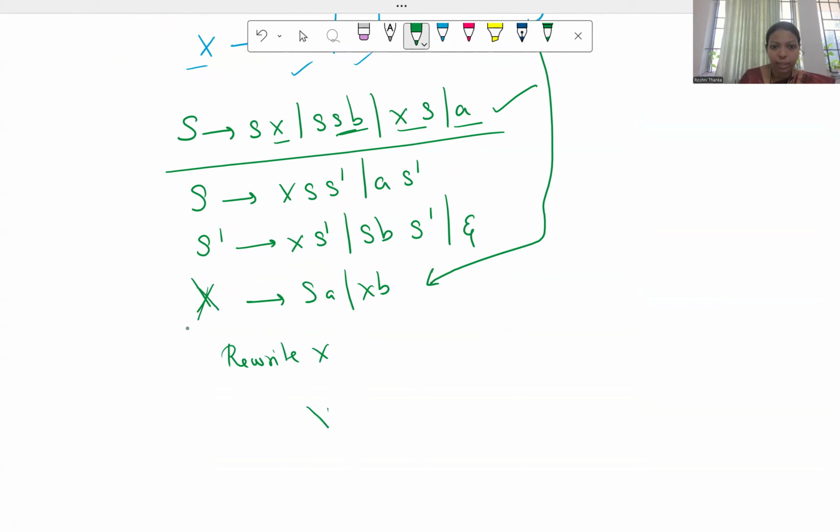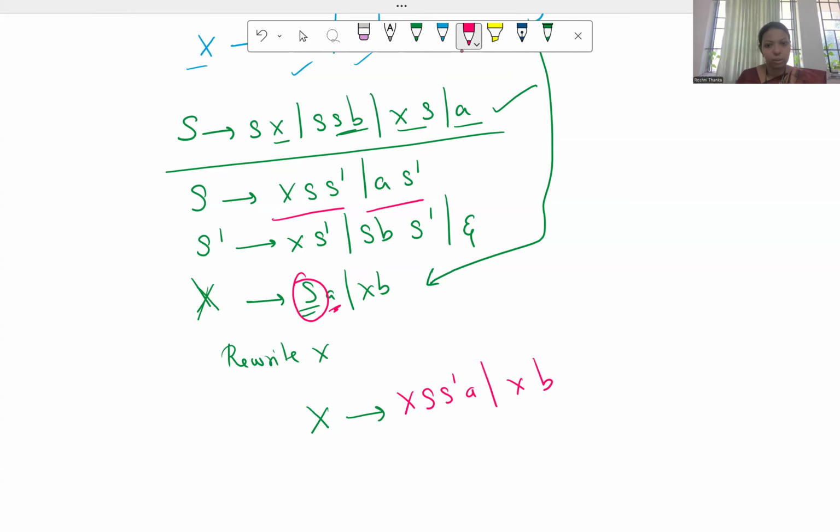How will I rewrite? X tends to substitute all the S. How will you substitute this S now? This S has two options now. One is X S S dash and this A, and the other is A S dash. Also the remaining X B.